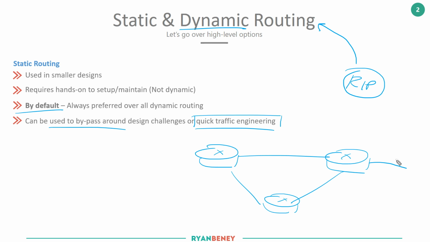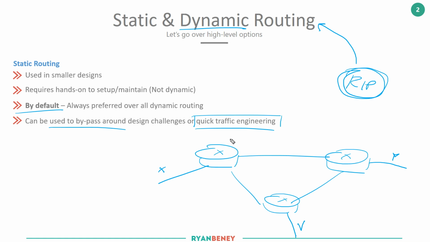So let's say we have subnet Y, subnet V, and subnet X. Every router knows how to reach every other subnet because of RIP.